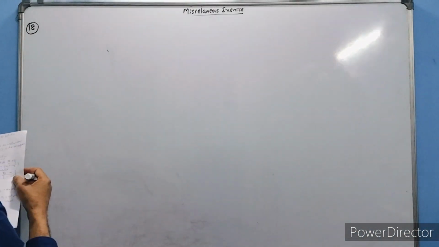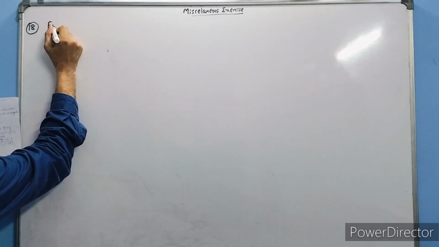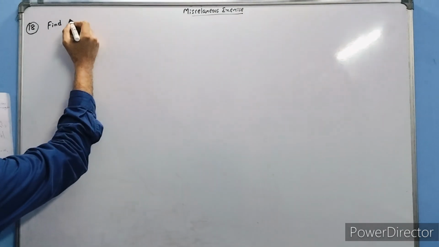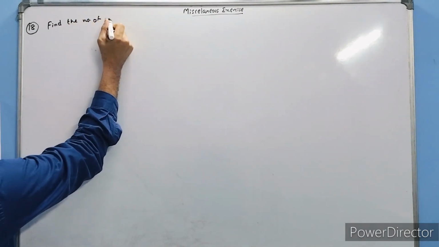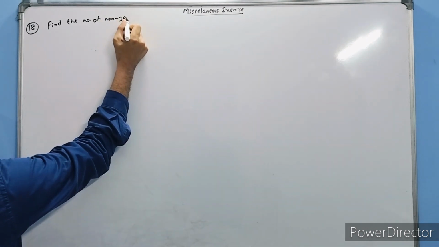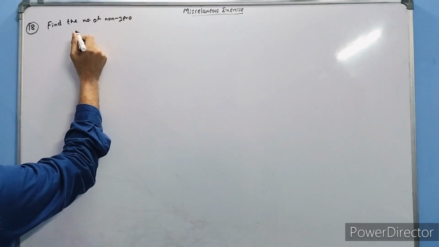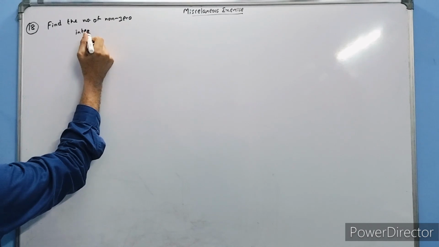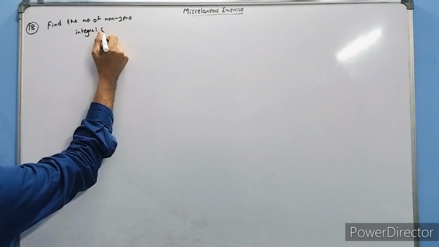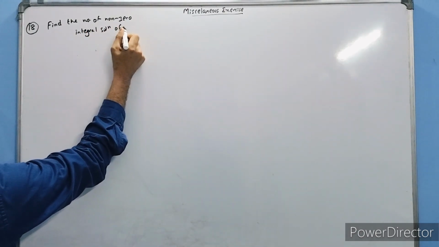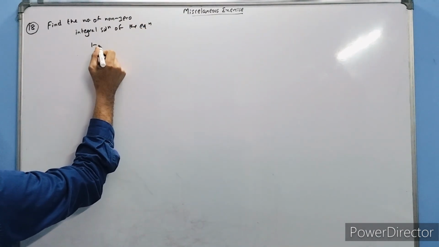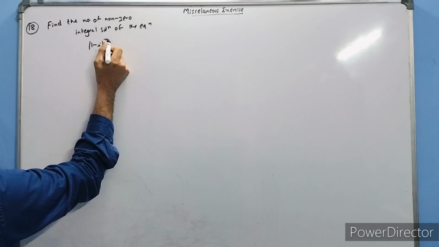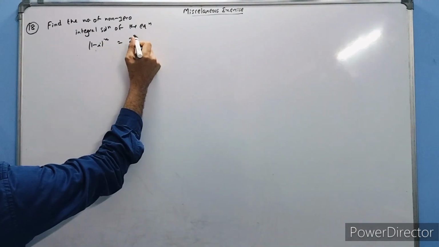We need to find the number of non-zero integral solutions of the equation, that is, (1 minus i) raised to the power x is equal to 2 raised to the power x.